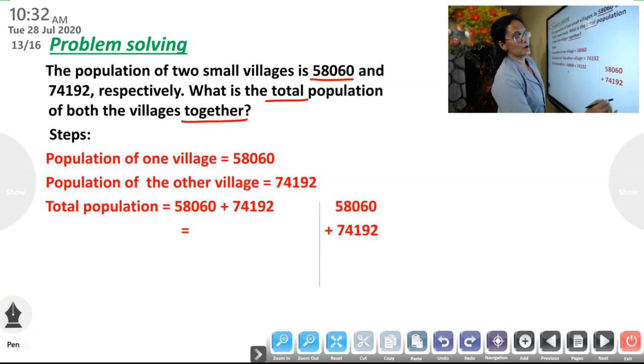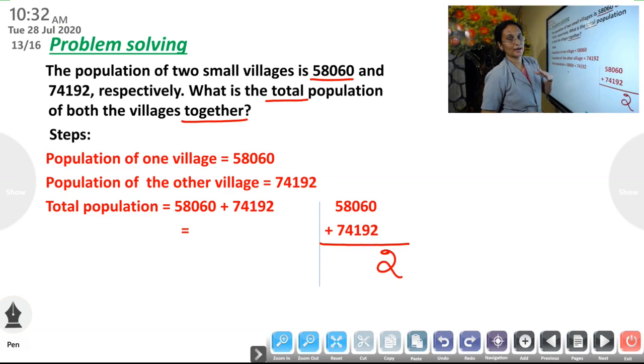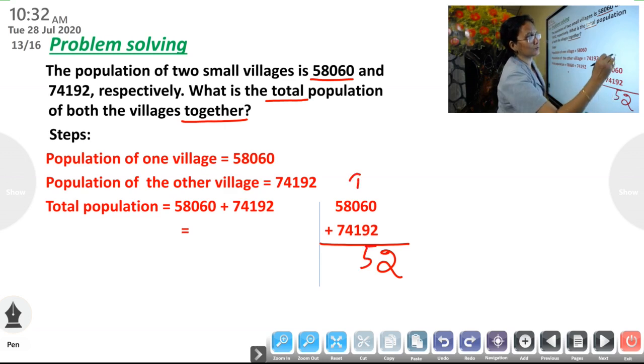Okay. 2 plus 0 is 2. Then 9 plus 6, keep 9 in your mind, 10, 11, 12, 13, 14, 15 you are getting. But there is carryover in the hundreds place. 1 plus 0 is 1, and that 1 plus carryover 1 is 2.